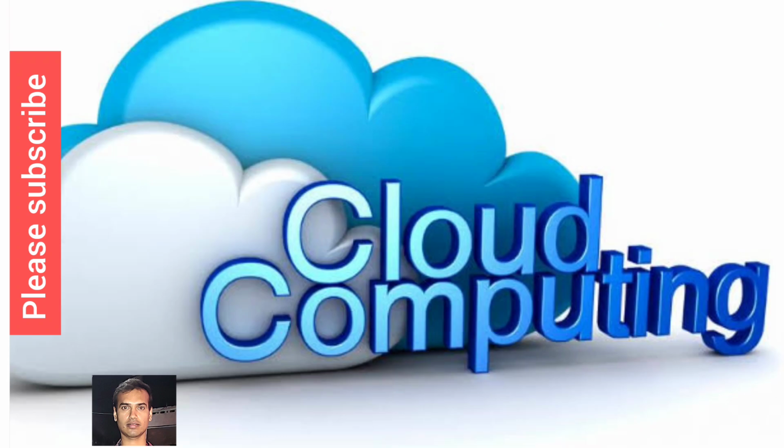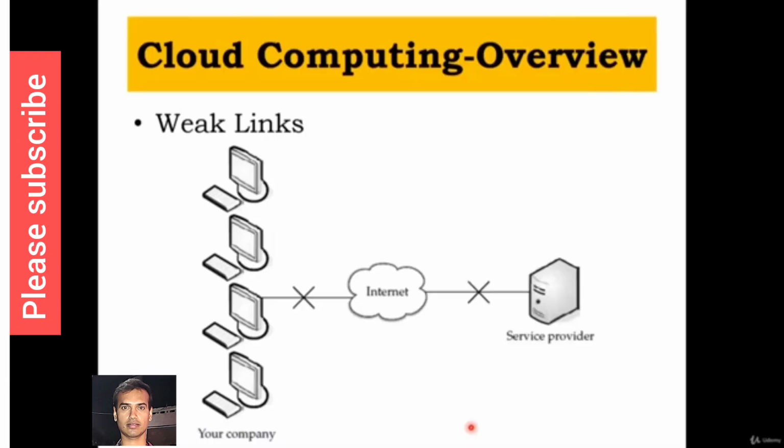Now understand what does not work in cloud computing. The weak links are the thing which does not work for cloud computing. We know the clients must be connected to the internet, and the service provider must be connected to the internet. They may have different service providers. The link between the clients and the service provider should be strong enough to get access to all services provided by the service provider.